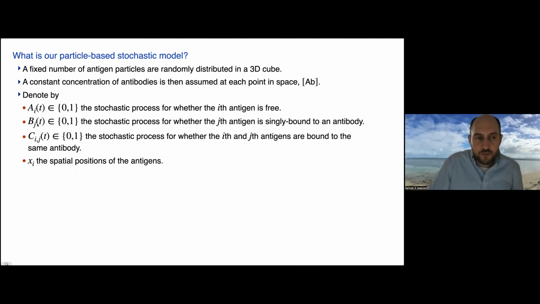One of them is 1 if the jth antigen has an antibody singly bound to it at time t. And then this one is 1 if there's an antibody bound to antigen i and j at time t. And so this collection of stochastic processes will now describe the state of our system. And I'll call the positions where we put the antigens in space x_i. And if the math confuses you, I'll show a movie in a couple minutes, and so you'll be able to visualize what's going on.